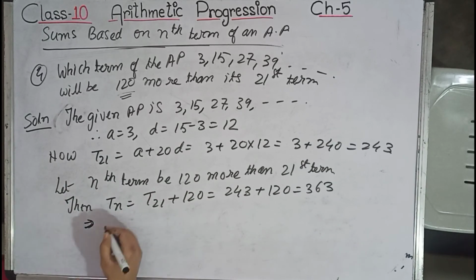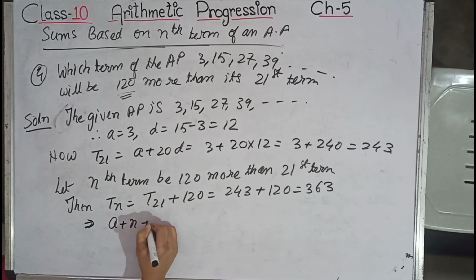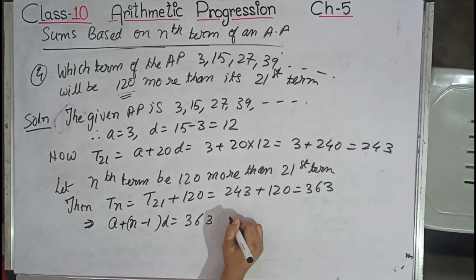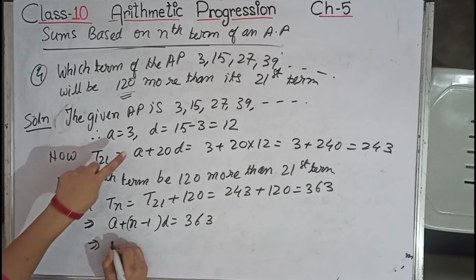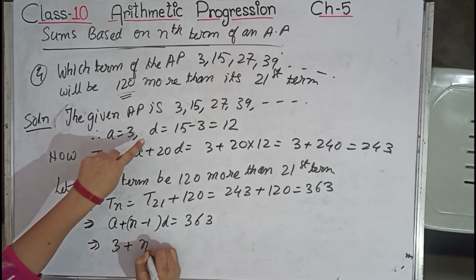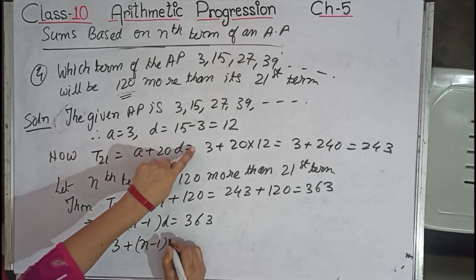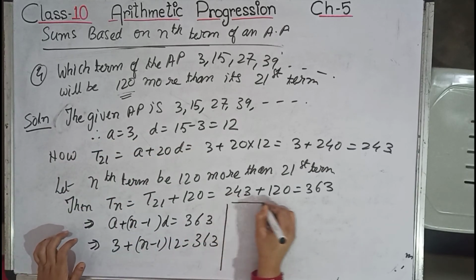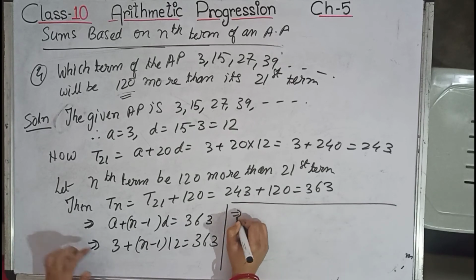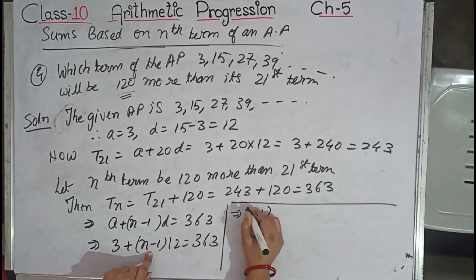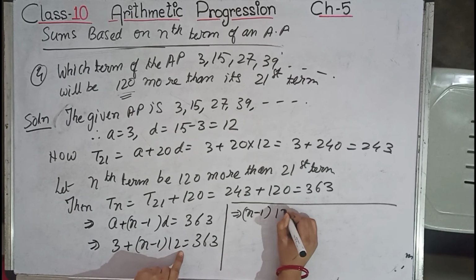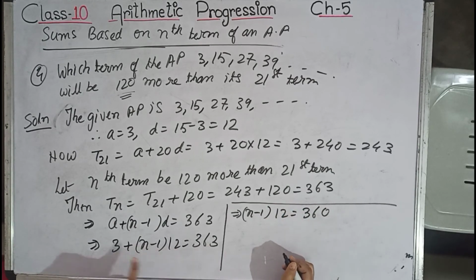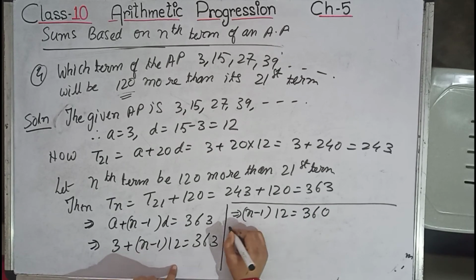This implies A plus (n minus 1) into D equals 363. This implies 3 plus (n minus 1) into 12 equals 363. This implies (n minus 1) into 12 equals 360. This 363 minus 3 will be 360.